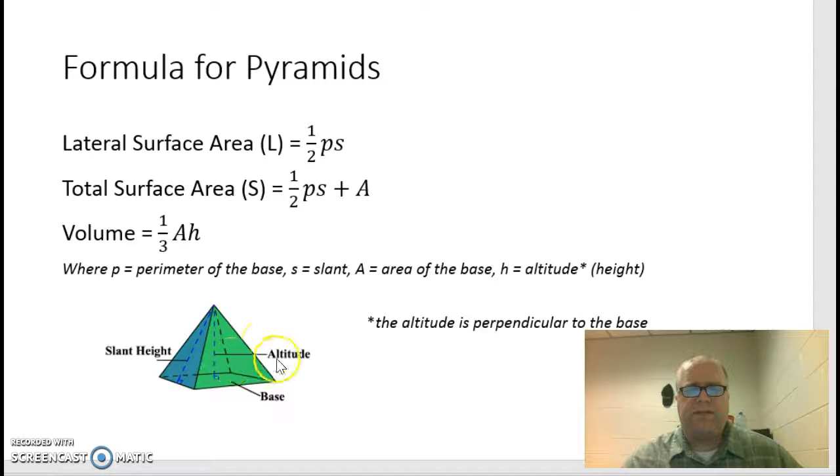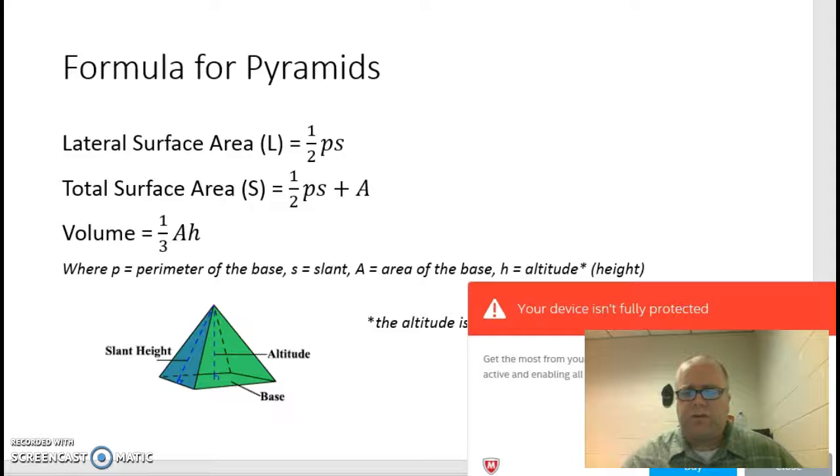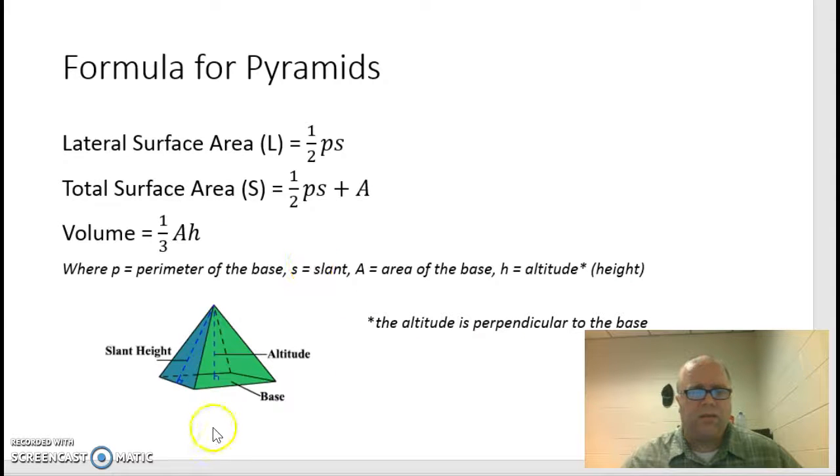Remember, the lateral surface area is the area of everything other than any bases, and the total surface area would include the area of the base, so we just add that in. And then the volume is 1/3 times the area of the base times our altitude. Remember, the altitude is always going to be perpendicular to the base.